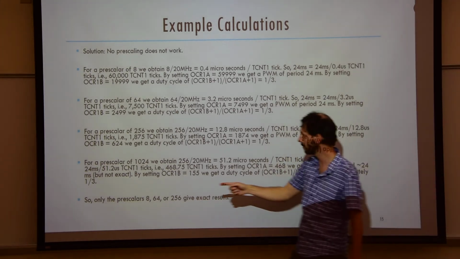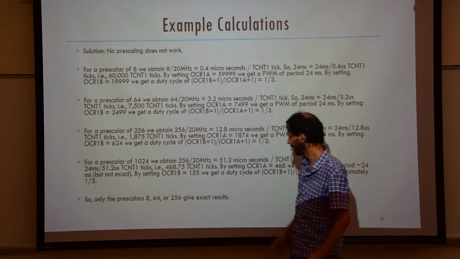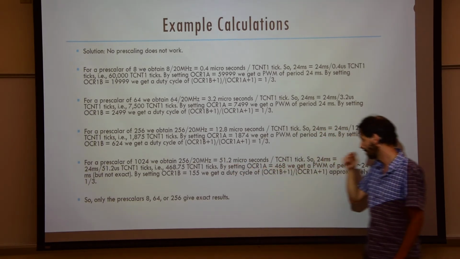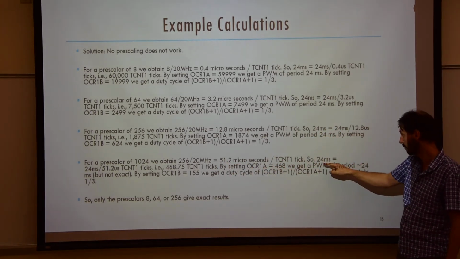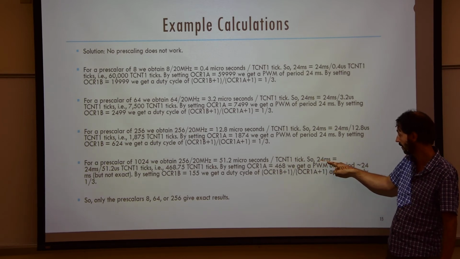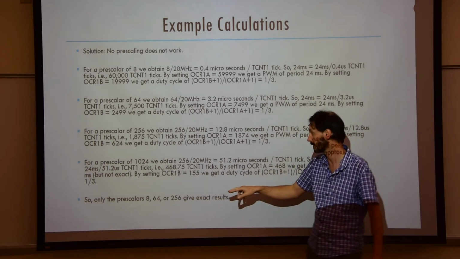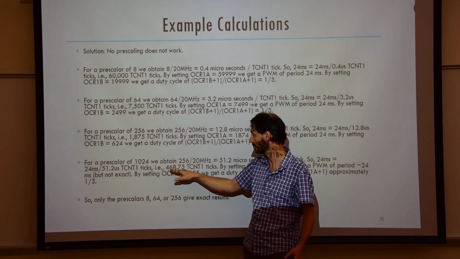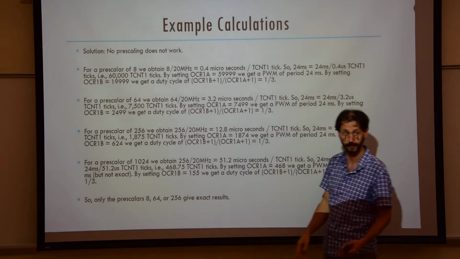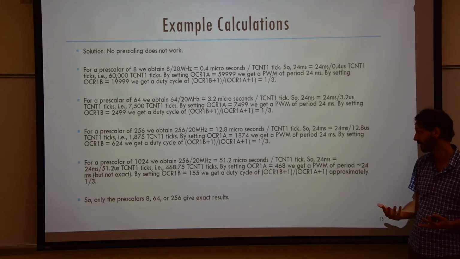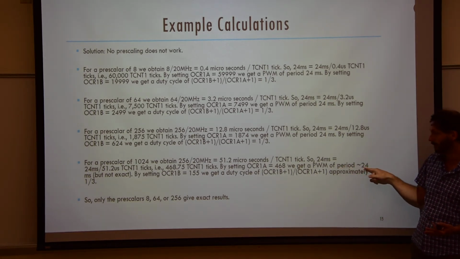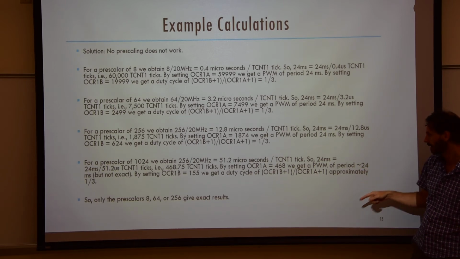What happens if you use 1024? Well, in that particular case, how many ticks do we need in a 24 millisecond period? It turns out it's not going to be an integer. It's 468.75. So it's not a precise integer, and it means that you can only approximate the period to 24 milliseconds, so it's slightly imprecise, a tiny bit.